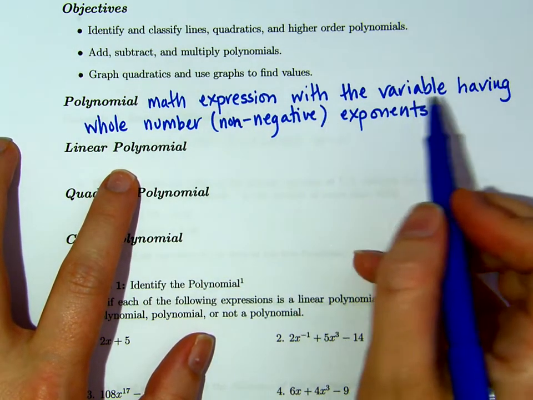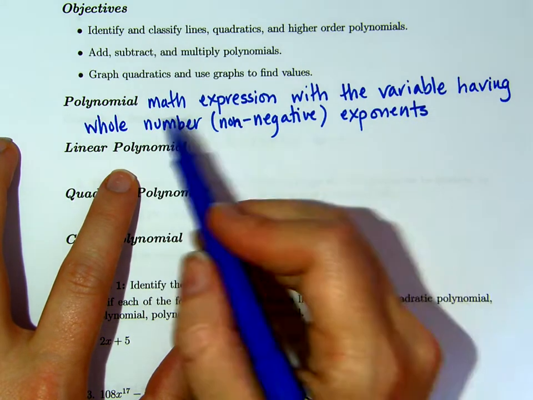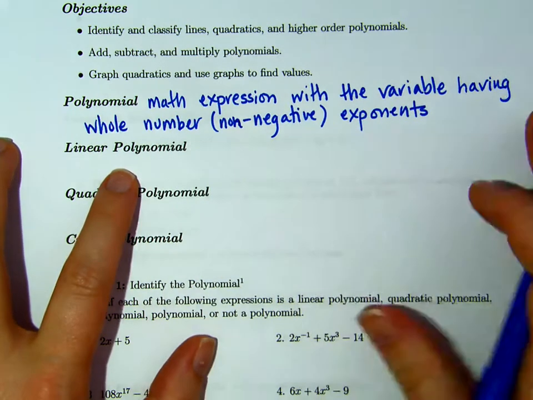So it's just the variable, the varying quantity, that has whole number non-negative exponents.